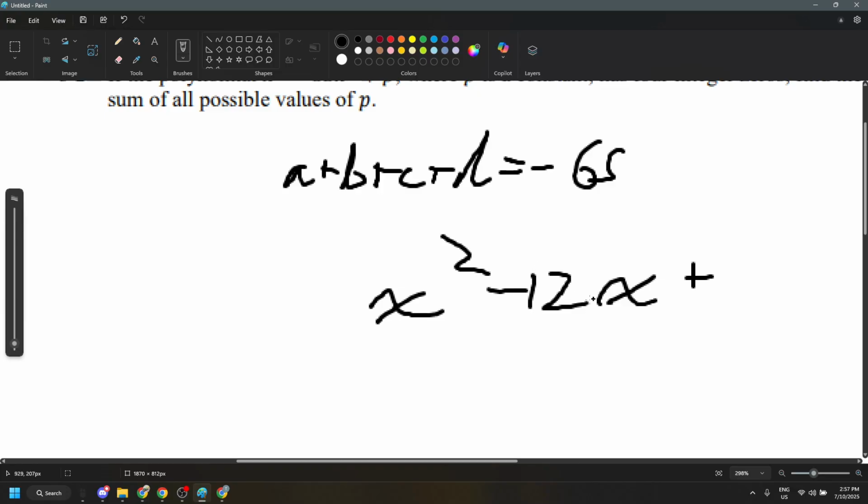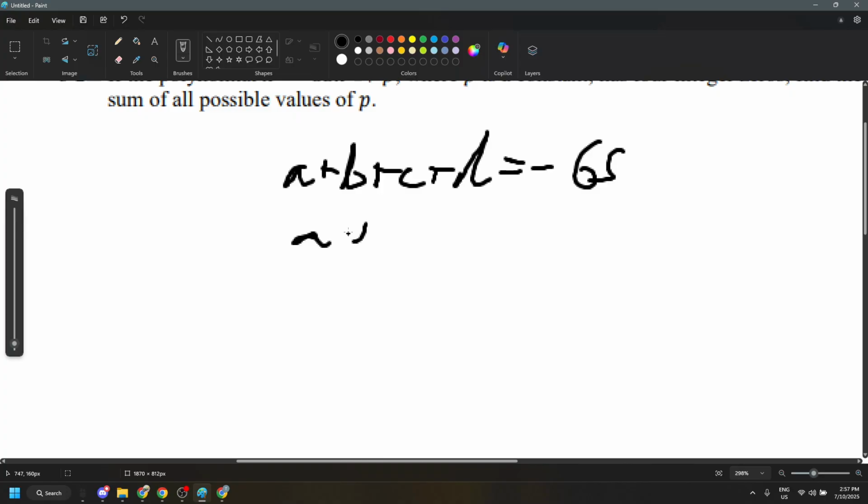So you have two things that multiply to something, and two things that add to negative 12. And then a times b times c times d equals negative 65.